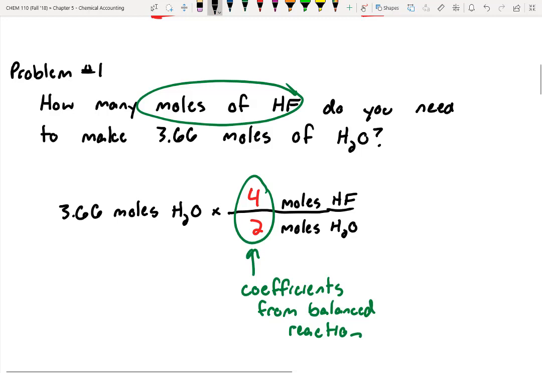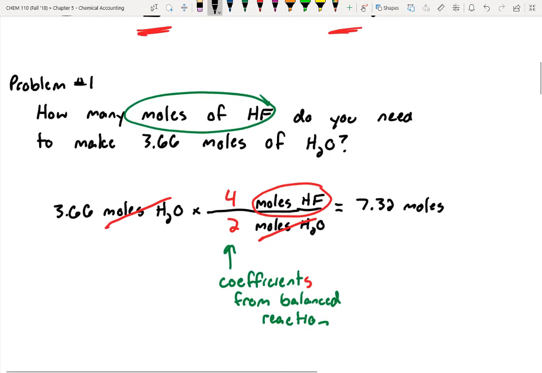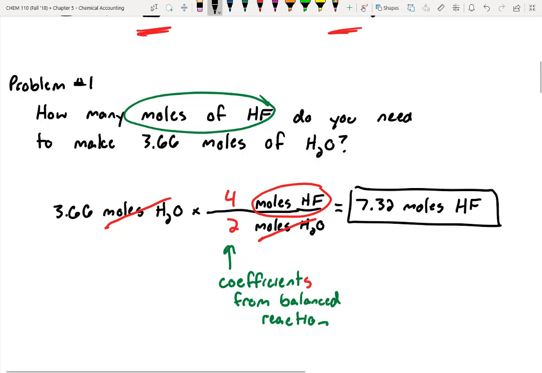All right, so now when we plug this in, we can cancel out moles of water. We're left with moles of HF as our final unit. And that gives me an answer of 7.32 moles of HF. Does that make sense? So really we're just looking at ratios of reagents and products, or reagents to another reagent, or product to another product.